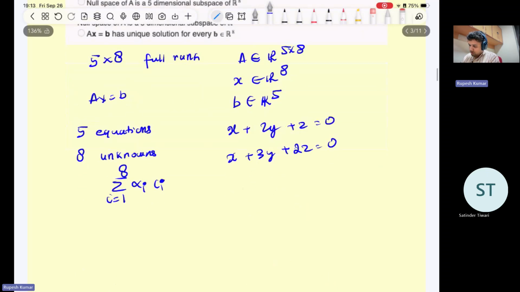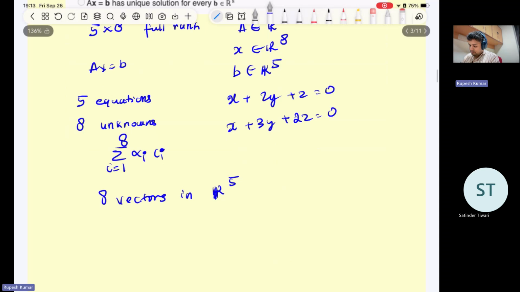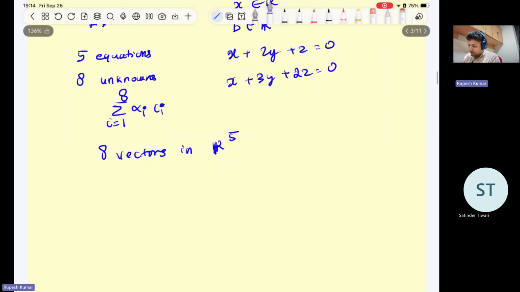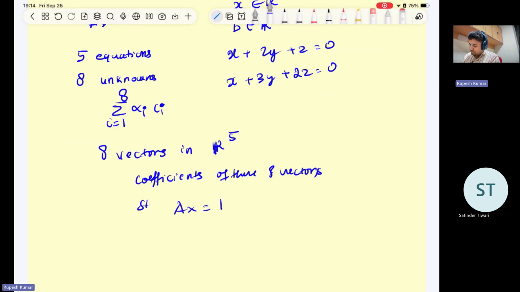So you have eight vectors in R5, and then you want to find the coefficients of these eight vectors such that AX equals B. Fine.